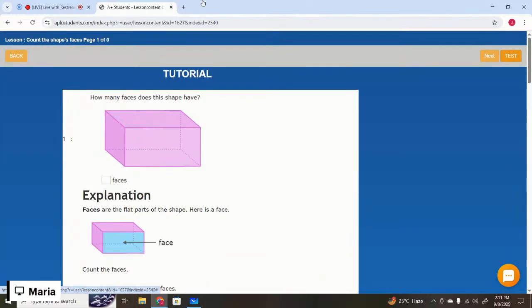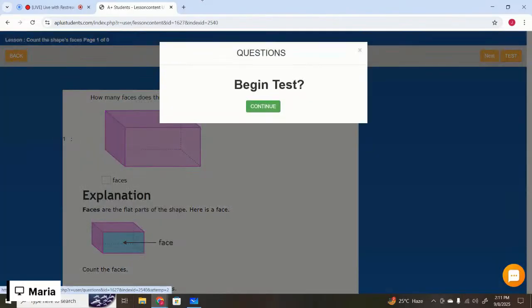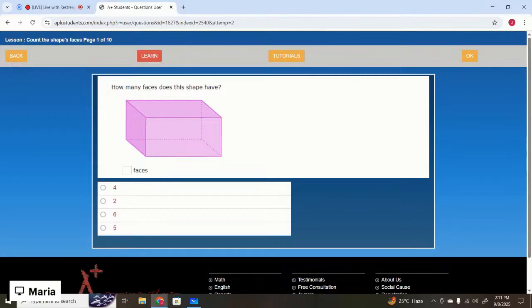Let's start with the test questions. How many faces does the shape have?